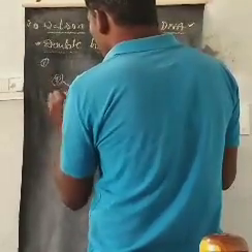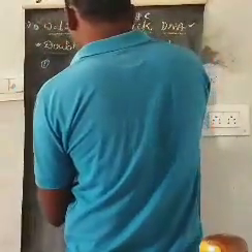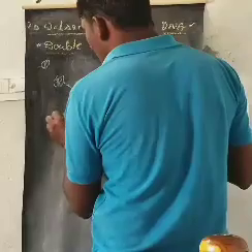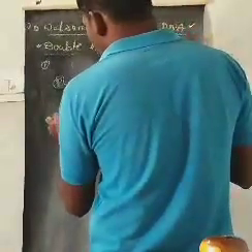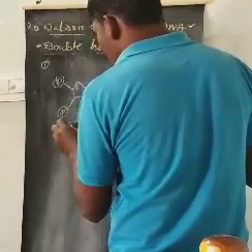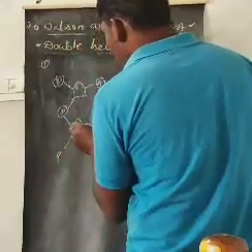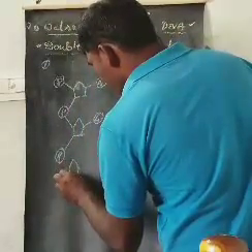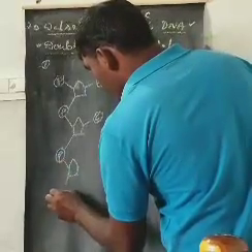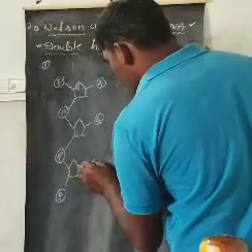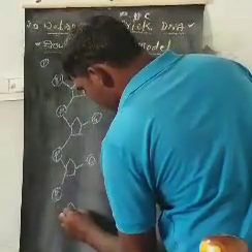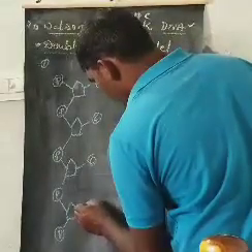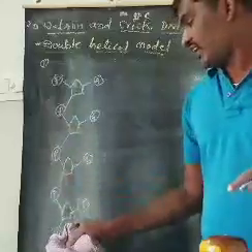The pentose sugar is binding to the phosphate molecule, then the nitrogen base pair, adenine, then the phosphate molecule, and the next nitrogen base pair. So this is what we are observing here.